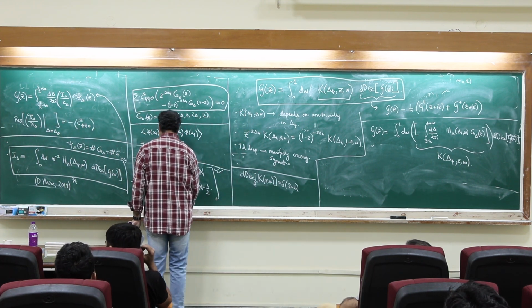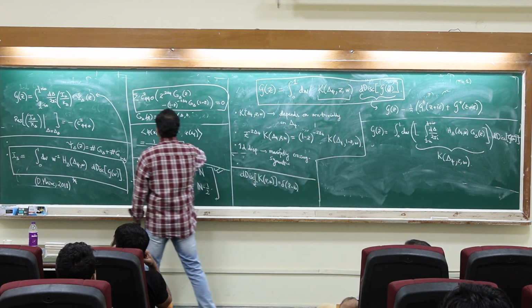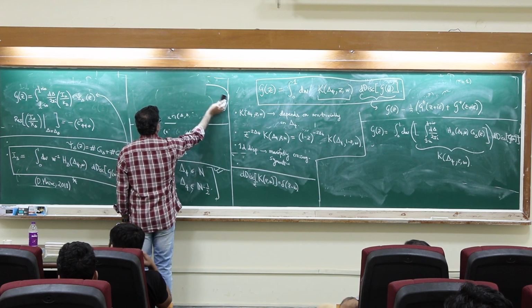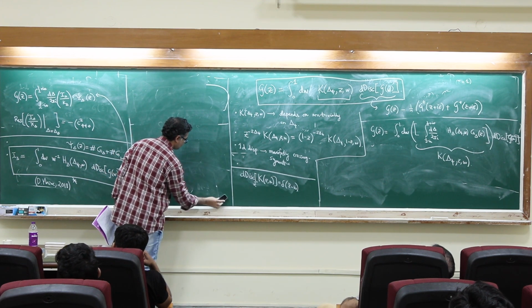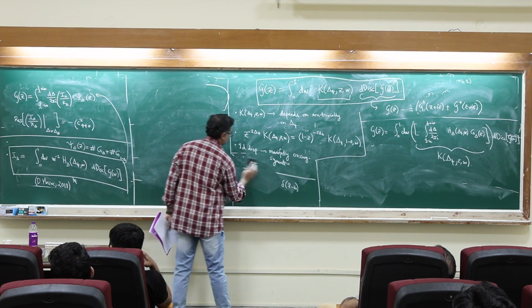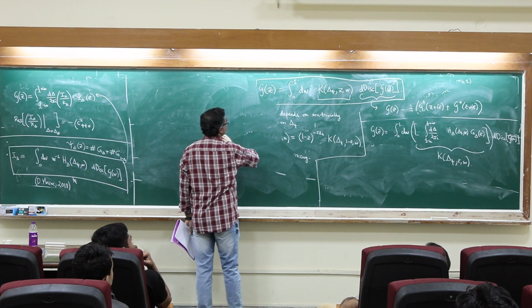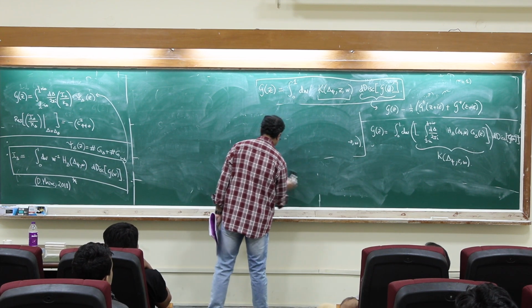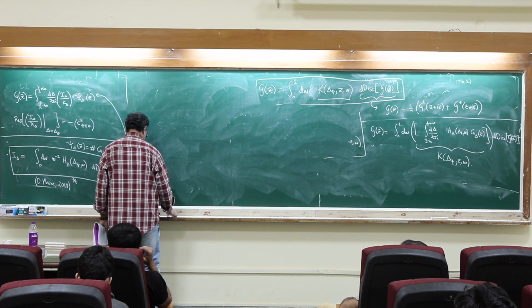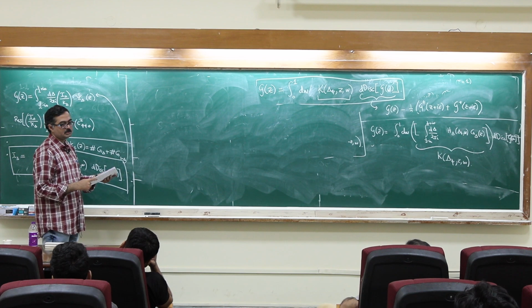Okay, so I'm going to write down one formula and then I'm going to stop. I'm going to write down the formula in the case of the fermionic dispersion relation.